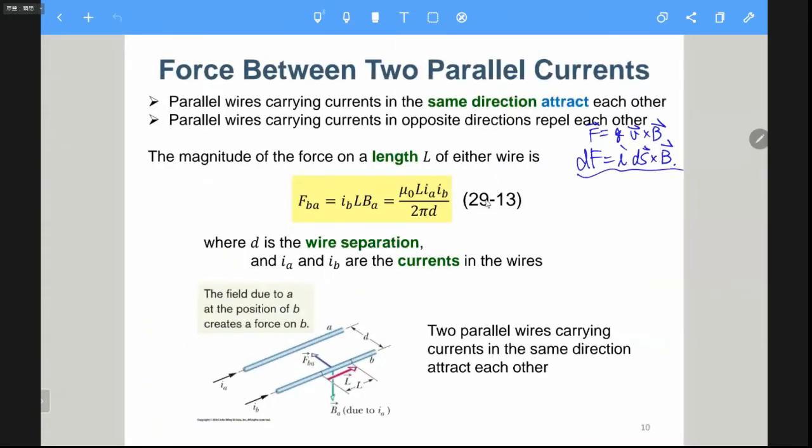Parallel wires carrying current in the same direction attract each other, and parallel wires carrying current in opposite directions repel each other.